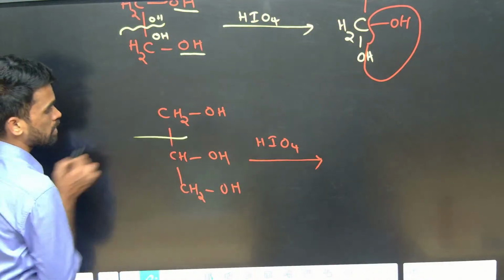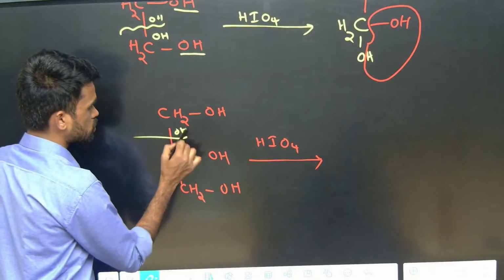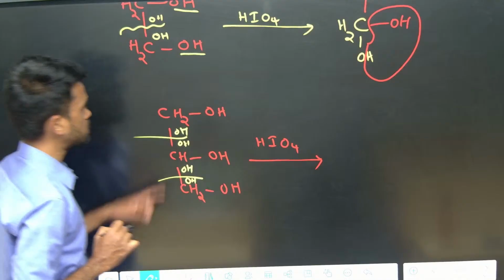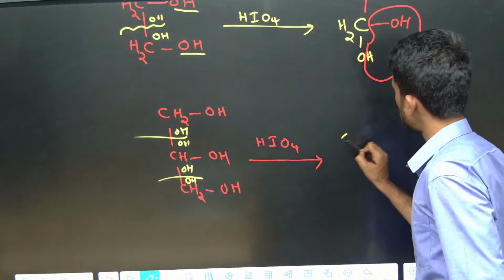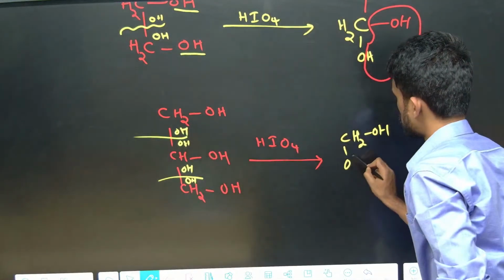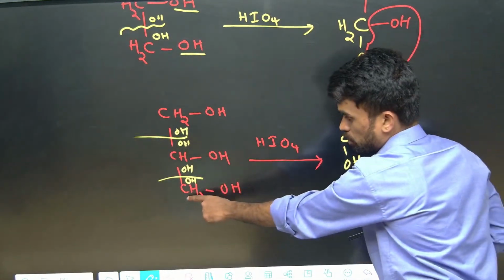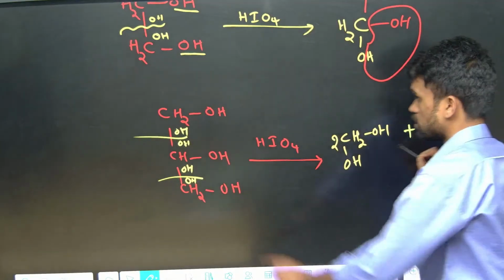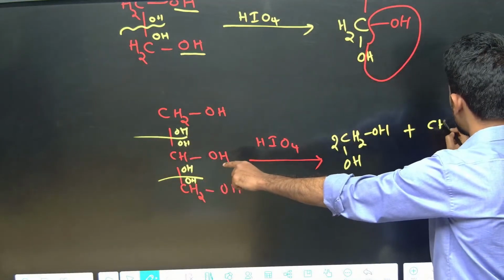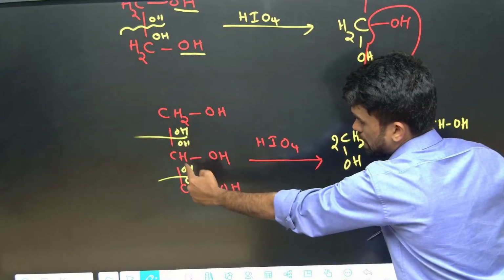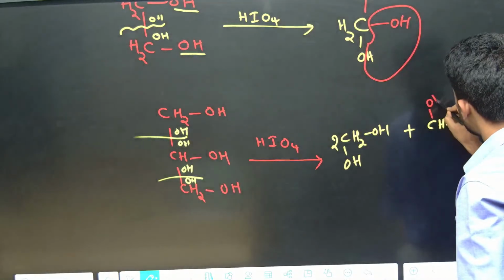The C-C bonds break, with OH, OH on each broken end. This will be CH2OH, CH2OH, the same kind of compound formed on the downside also. So 2 moles like this, plus the middle one, with an OH added above and an OH added below.